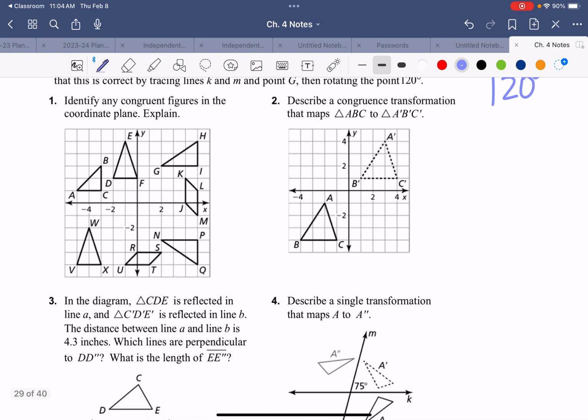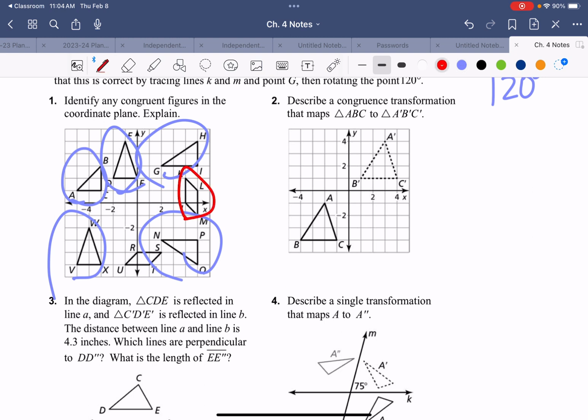Okay, number 1. Here they want you to identify congruent figures. This is going to be a lot like what we did earlier. Again, the first thing I'm going to probably do is go triangle, triangle, triangle, triangle, and compare those. And then I've got 2 parallelograms. So first I'm going to check height and width, area, to see are they congruent.